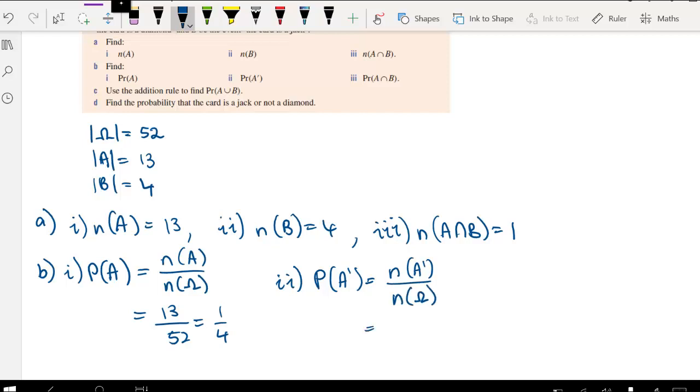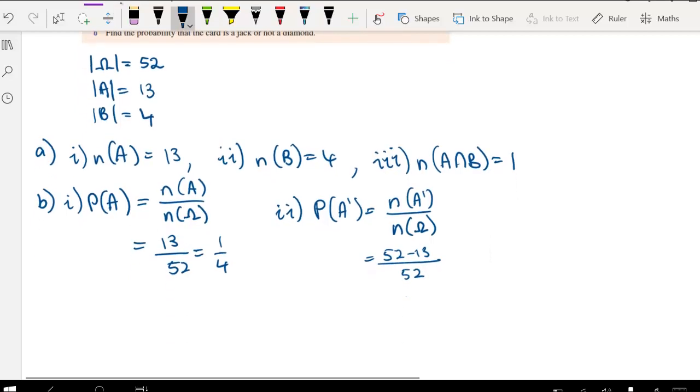So number of not A, if there's 52 in total, and A is 13, it will be 52 take 13 over 52, and that ends up being 39 on 52, and that simplifies down to 3/4.